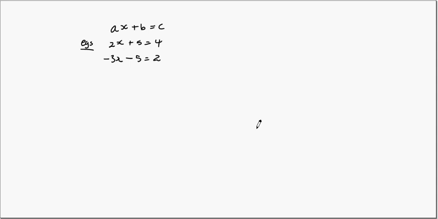Or 8x plus 7 is equal to 0. All these are examples of linear equations because they have a value for a in front of x, there's a value of b, and then there's a value of c. Right? All of those are linear equations.